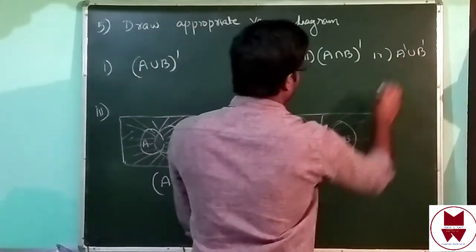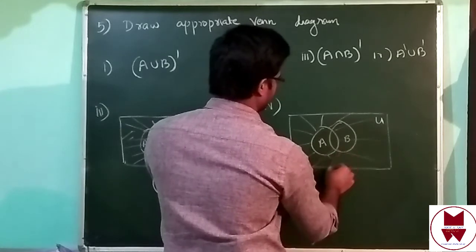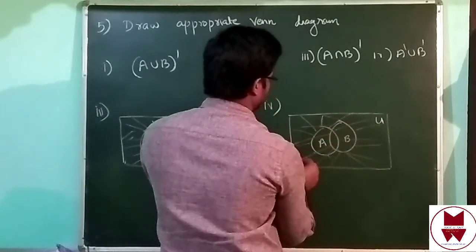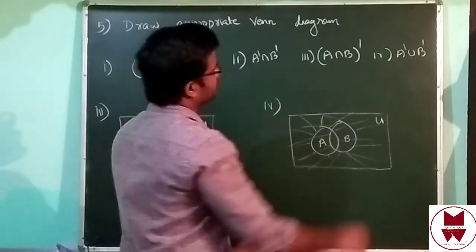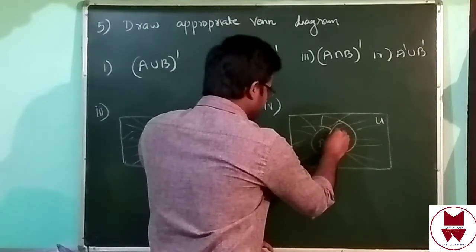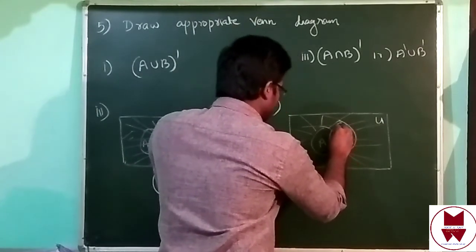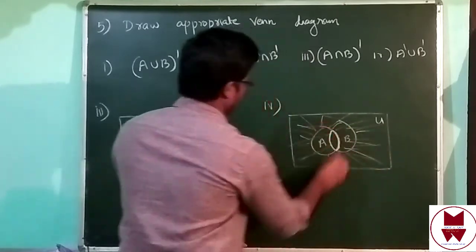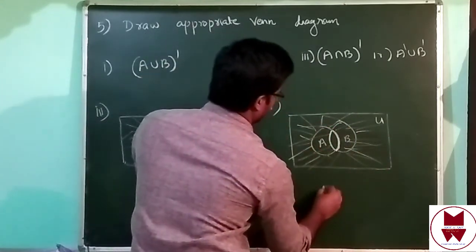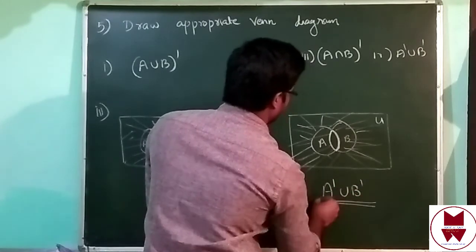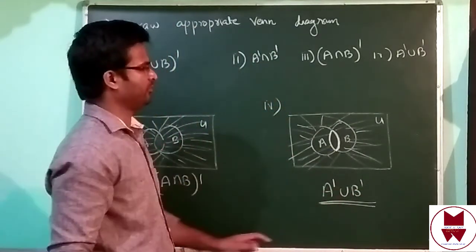Then B complement means this part. Then A complement union B complement is all the regions. What remains? Only this middle part, the region not shaded. All the remaining part is the shaded region. We can write this as A complement union B complement.